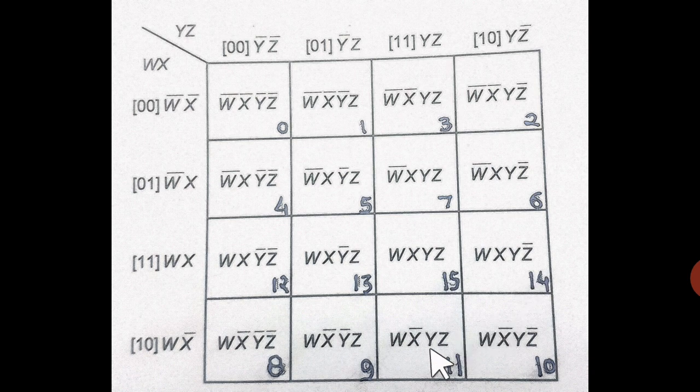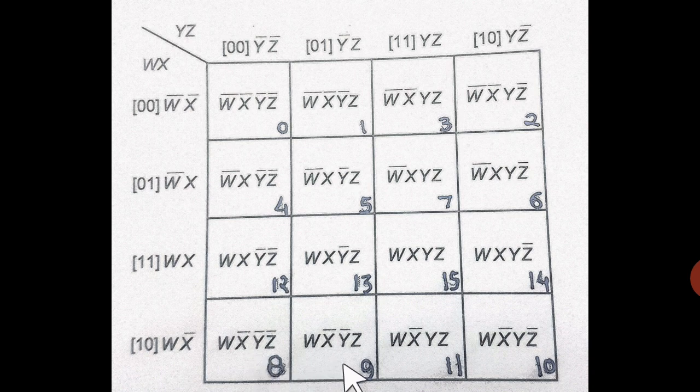Then we move to square number 8, that is w x' y' z'. Here you can see the combination is 1,0,0,0, so which decimal number is it representing? 8. So the square has the number 8.